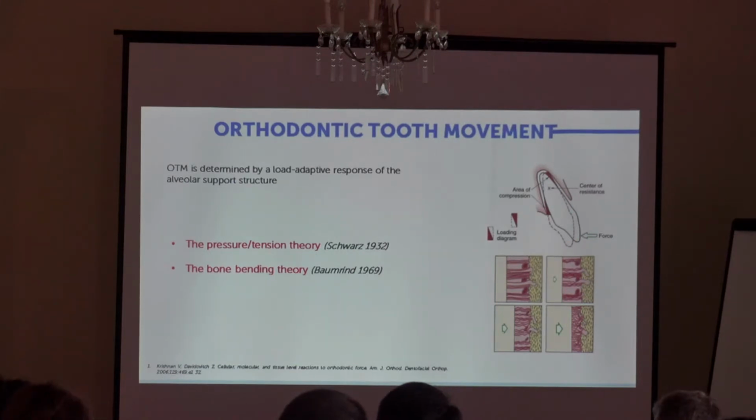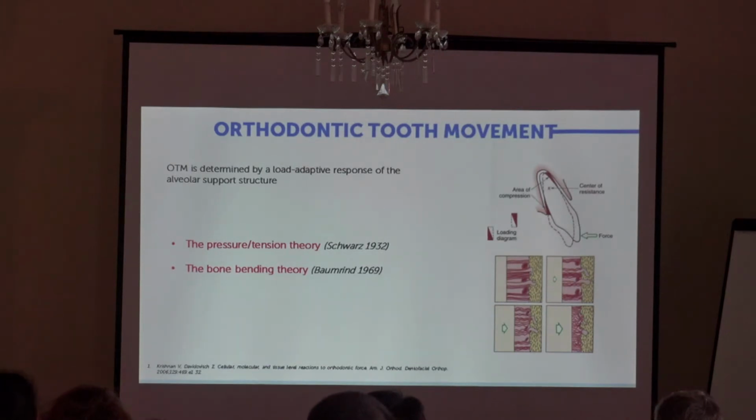So in a way, there should be bone resorption ongoing here and here, and new bone formation here and here. So this theory says that here I have a compression because the force is moving the teeth inside the alveolar socket in this direction, and bone apposition where I have tension.